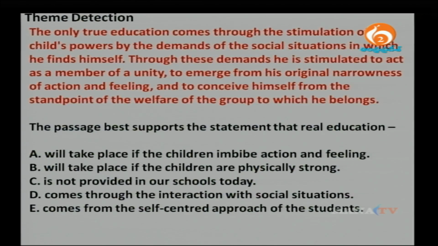The passage best supports the statement that real education will take place if the children imbibe action and feeling, will take place if the children are physically strong, is not provided in our schools today, comes through the interaction of social situations, comes from a self-centered approach of the students. So what is real education that you understood from the passage?